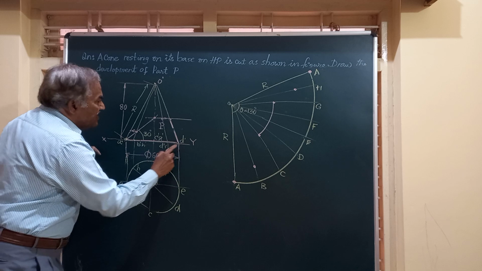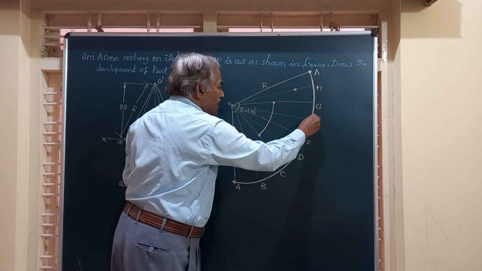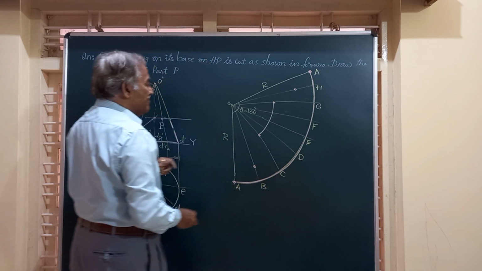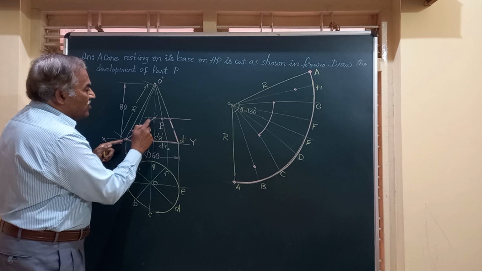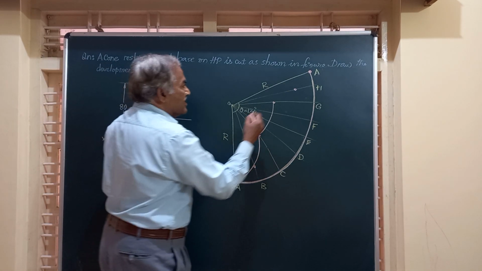You can see the base is not touched by the section plane, hence I mark it by a dark line. It is intact. The points you have got here are to be joined by a smooth continuous curve like this.